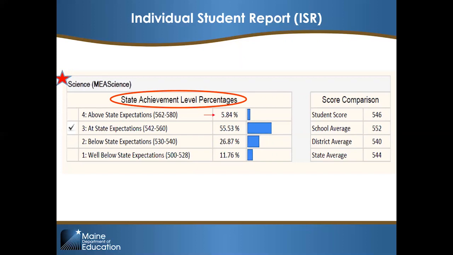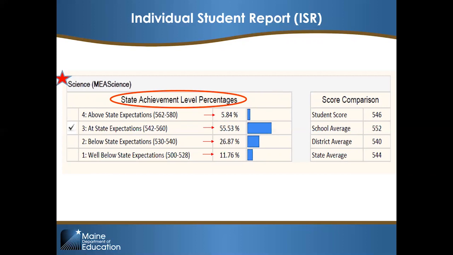We see that 5.84% of students statewide were at achievement level 4, above state expectations. 55.53% of students statewide were at achievement level 3, at state expectations, which is the level of this student's report. 26.87% of students statewide were at achievement level 2, below state expectations, and 11.76% of students statewide were at achievement level 1, well below state expectations.